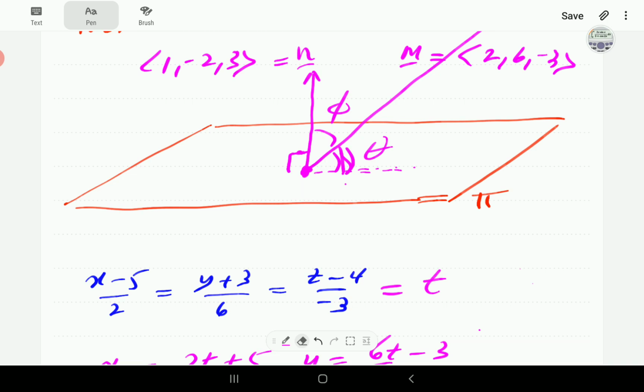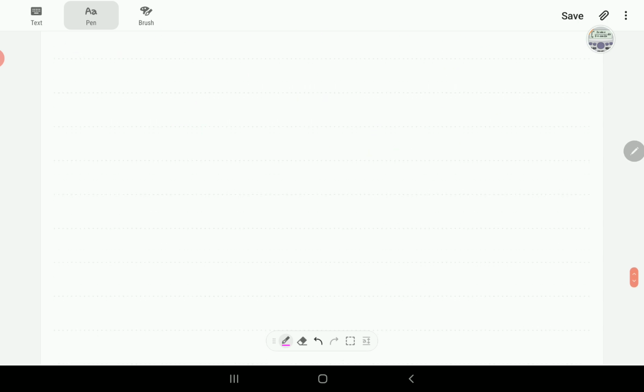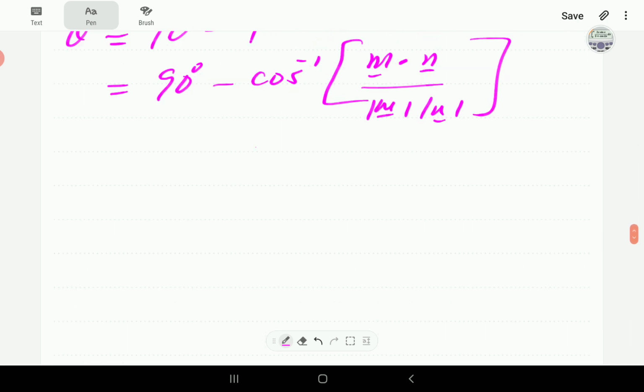But you can see that phi must be an acute angle. When the dot product is negative, it means the angle between the two vectors is going to be bigger than 90, between 90 and 180. But phi must be acute because phi plus theta must add up to 90. So it's just a matter of orientation.